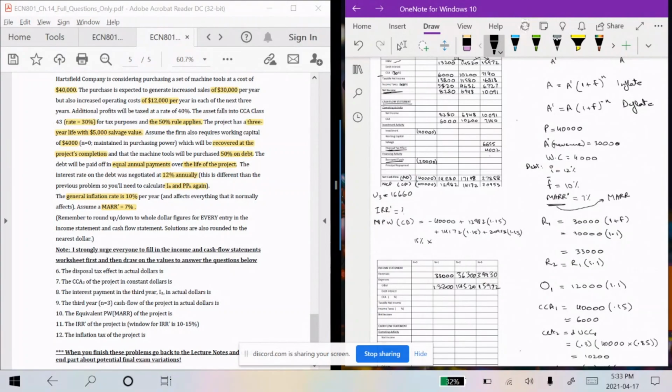And yeah, we just calculated the CCA. 6,000. 10,200. And 7,140.